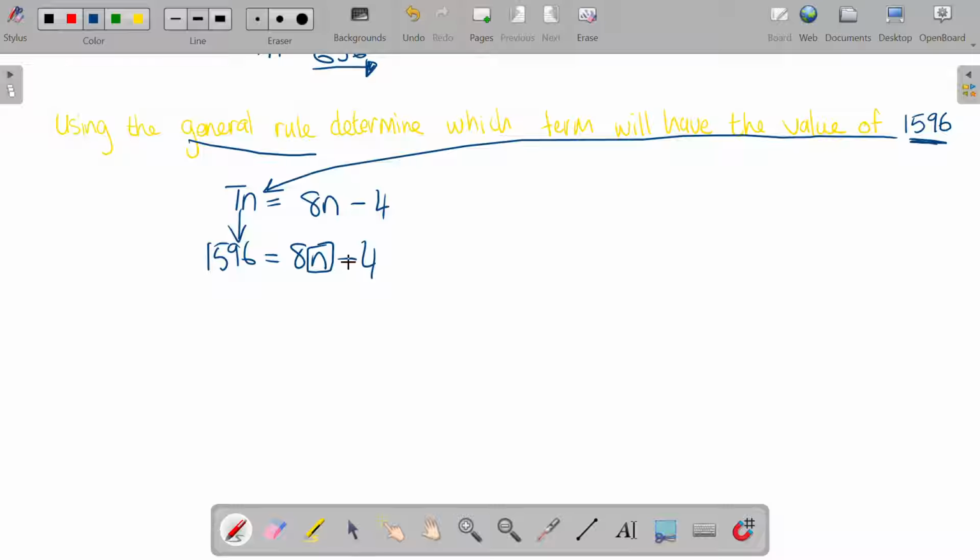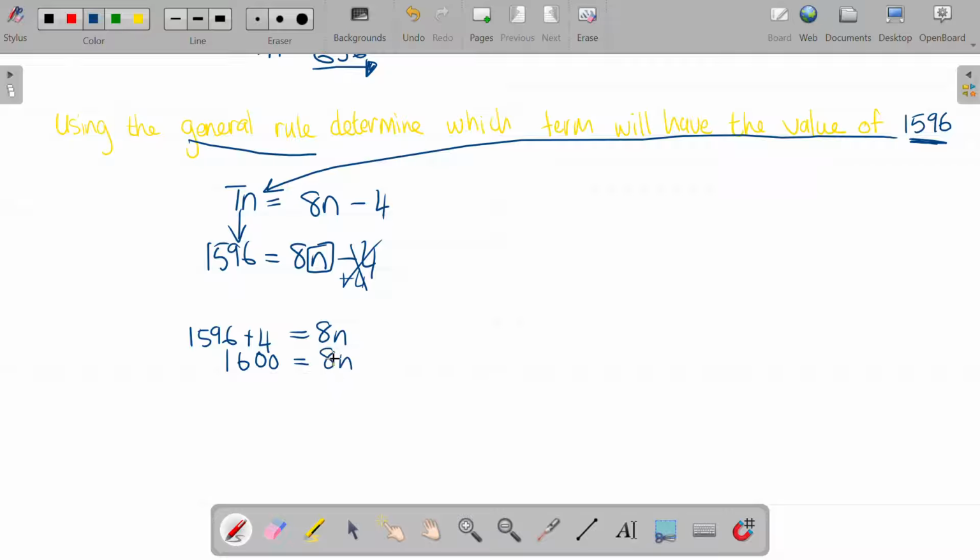So we need to get rid of the minus 4. So we're going to add 4 to get rid of it. And whatever you do to the one side of an equation, you have to do to the other side. So we're going to say 1596 plus 4 equals 8n. So let's simplify that. It'll give us 1600 is equal to 8n.